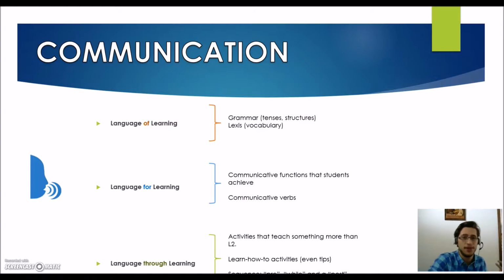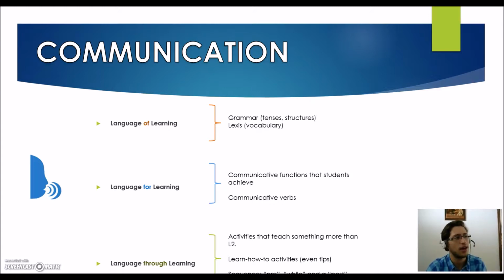Language through learning is a very, very interesting subcategory. Here, we include the activities that teach something more than English. Sometimes in the course books, we are going to find several activities in which you say, here they are teaching something more than English. For example, those hands-on activities, those activities in which you teach students how to create something.